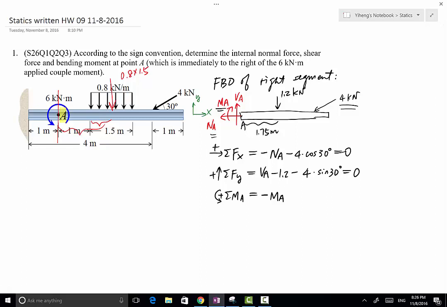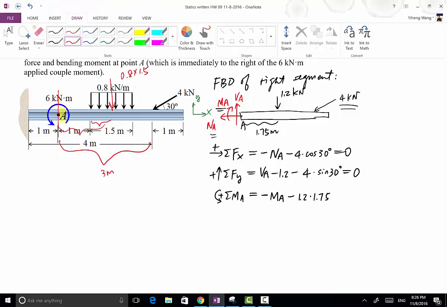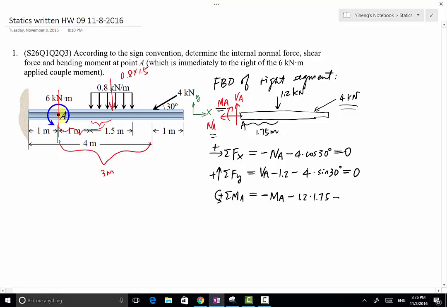1.2 kilonewton creates clockwise, so negative 1.2 multiplied by moment arm 1.75. And for the 4 kilonewton force, the vertical component creates clockwise rotation about point A. The distance is from here to here, and that is going to be 4 meter minus 1 meter, therefore 3 meter. Therefore, here we have minus clockwise 4 times sine 30 degrees, and the moment arm is 3 meter, and that equals 0.